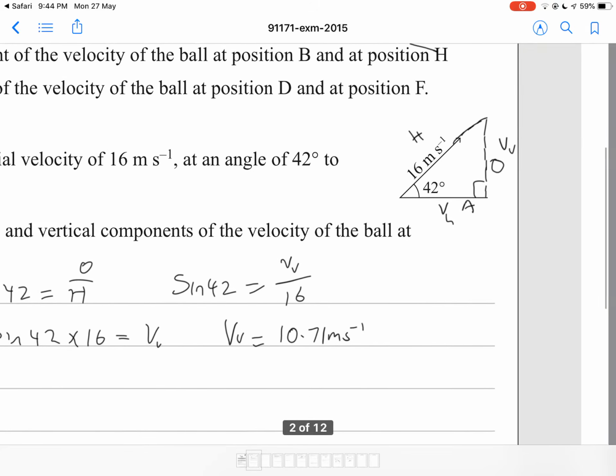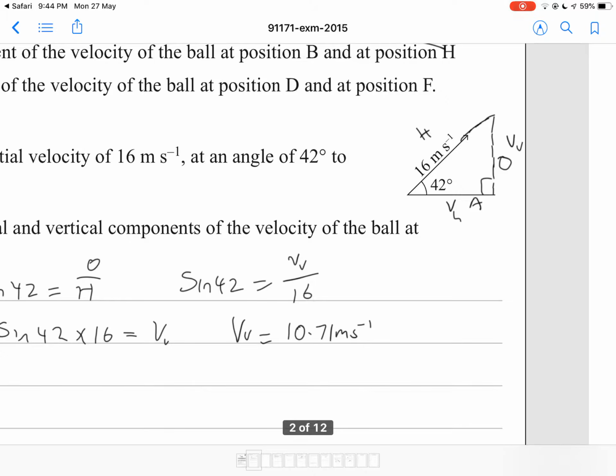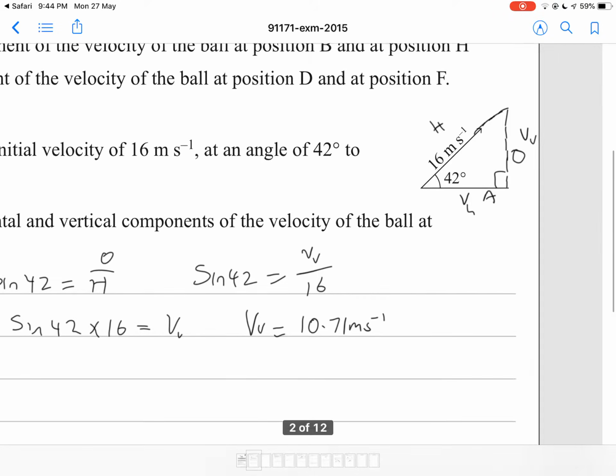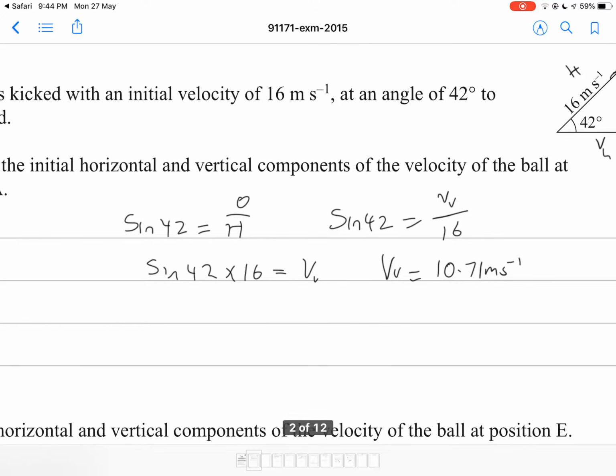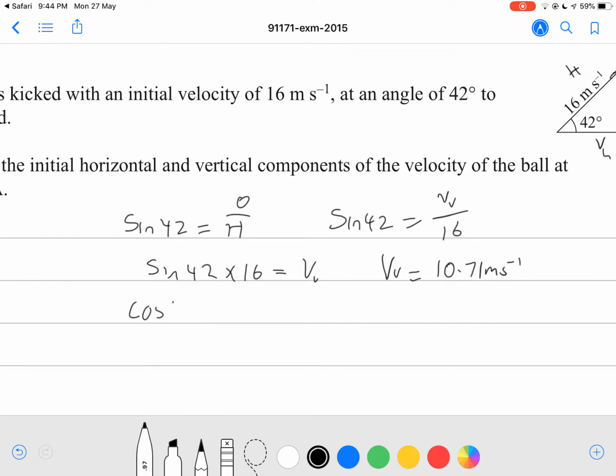Now we're trying to find the horizontal velocity. There's an adjacent side and you have the hypotenuse. In this case, we're going to use the cos rule. cos 42 = A/h.